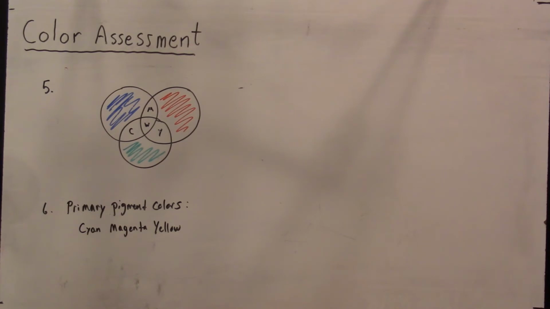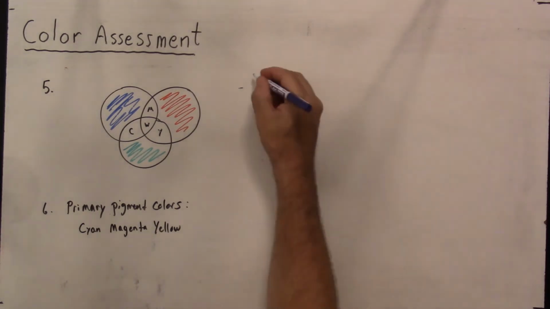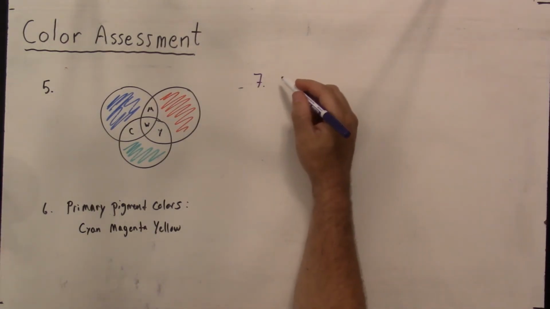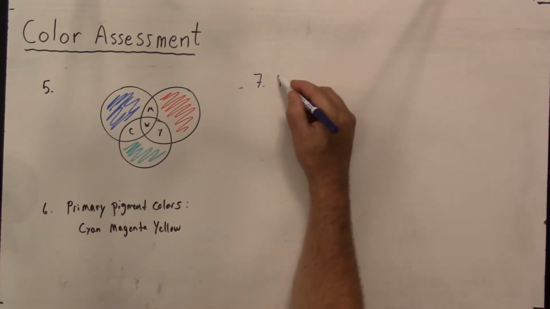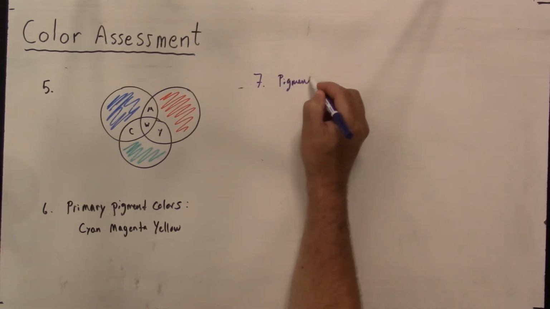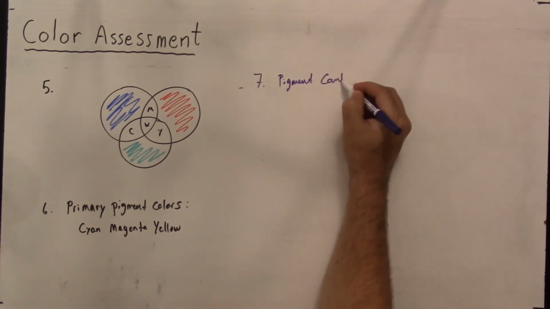All right, what does 7 say? 7 says, which combination for pigments is not correct? So this is pigment combinations.